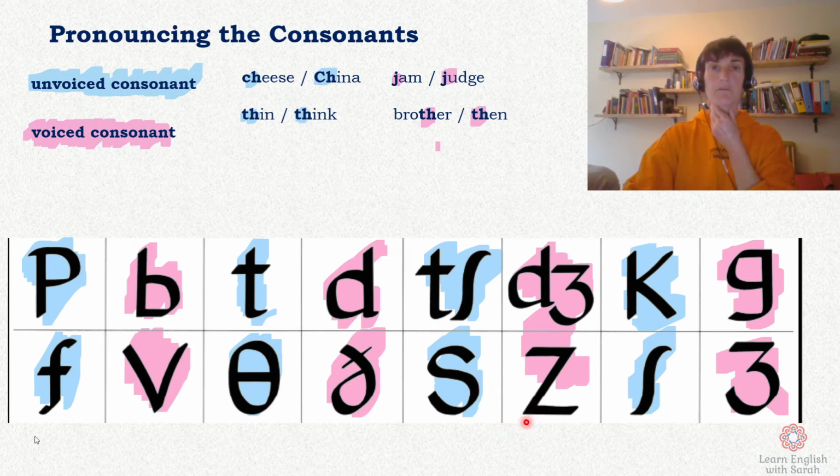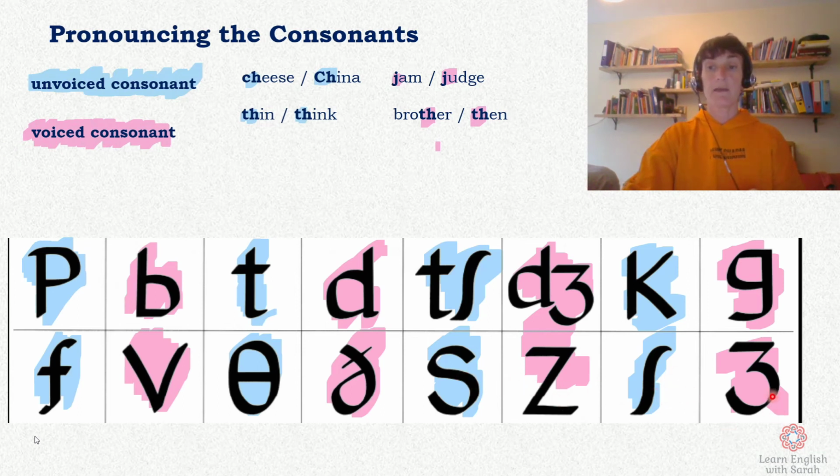Students may have problems here because different languages have got very similar sounds, but they might pronounce them quite differently. So the way English makes these sounds might be different to the way your language makes its comparable sounds.